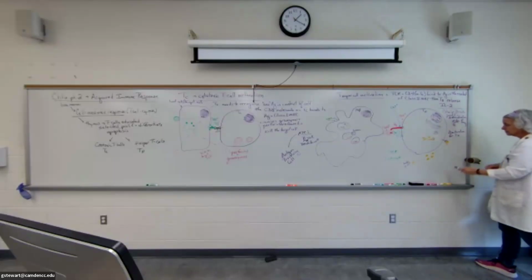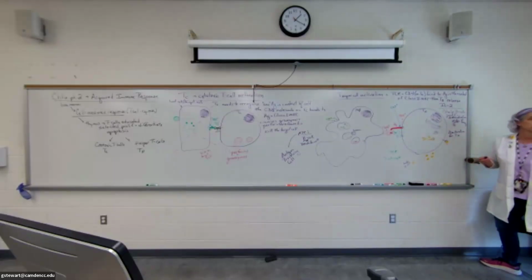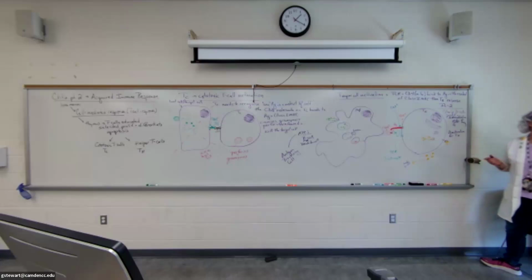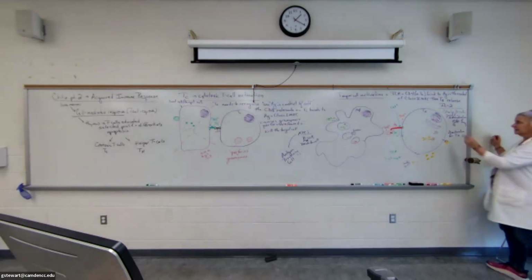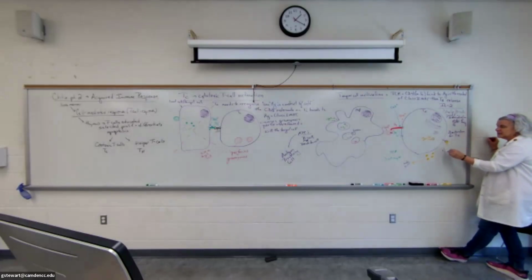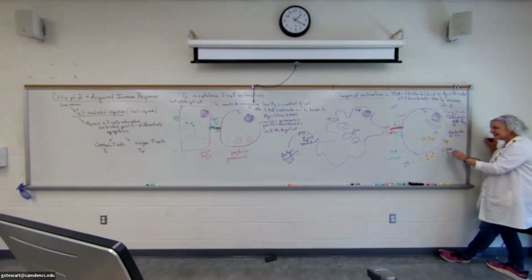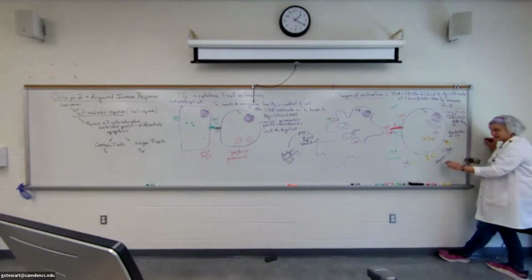All right. But wait, there's more. All for the low, low price of Microbiology Community College, you can also learn the third function of IL-2. The third function of IL-2 is that it helps cytotoxic T cells too. So it's going to help cytotoxic T cells proliferate and differentiate, because we want memory cytotoxic T cells.